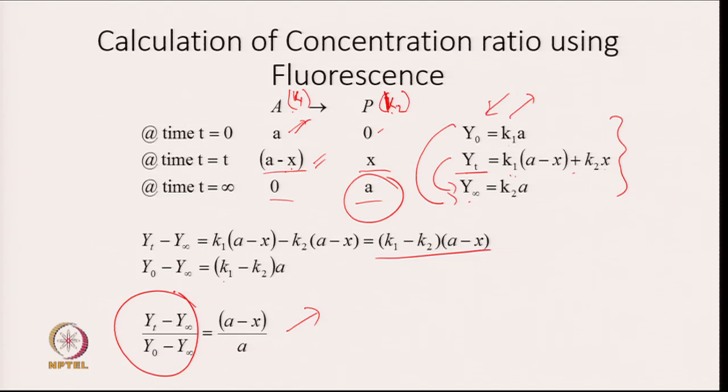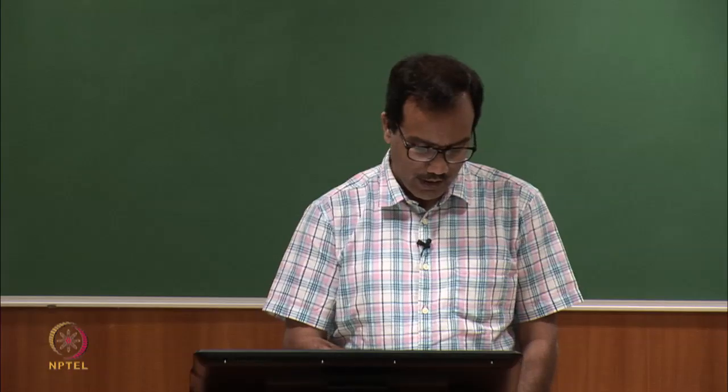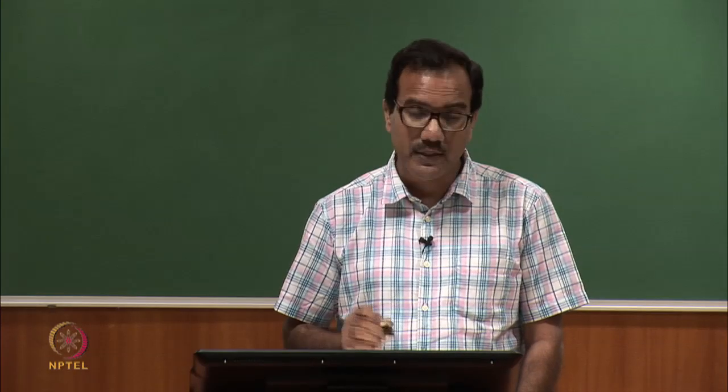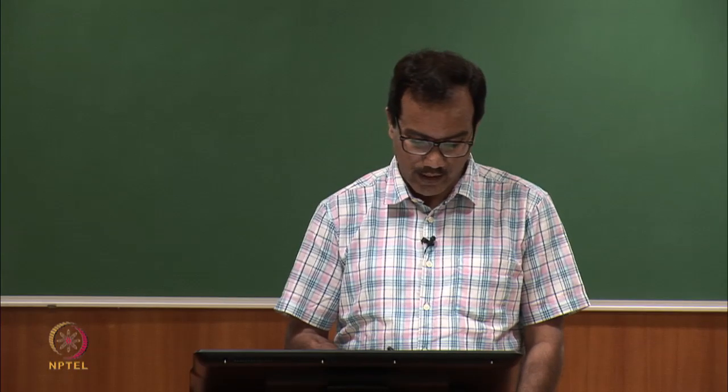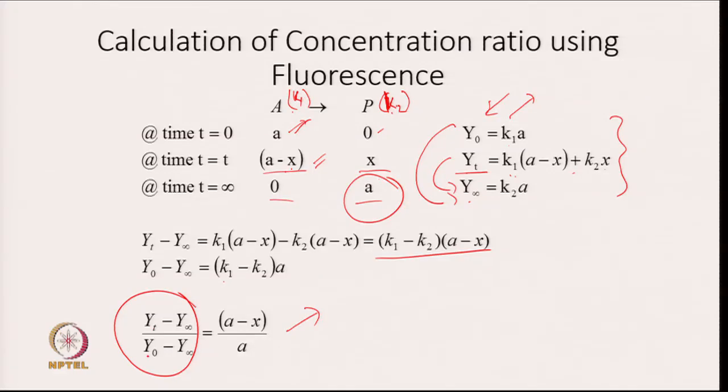You can try a different reaction, for example, A going to B plus C, the same thing will be obtained, you can try it yourself at home, but what we need to know is that (A minus x) by A is equal to (Yt minus Y infinity) by (Y0 minus Y infinity).